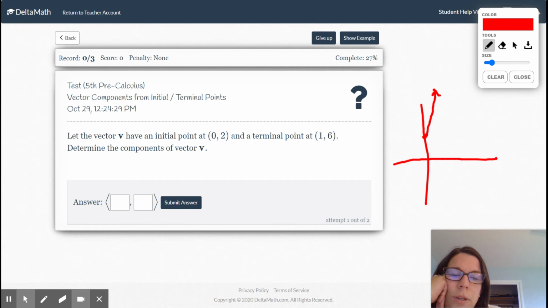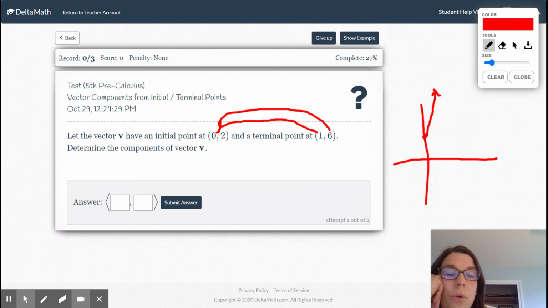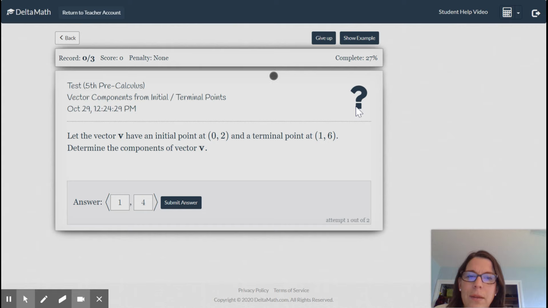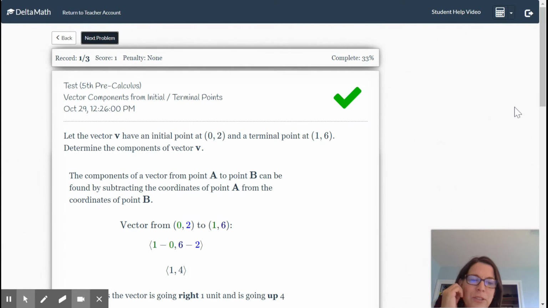And how far vertically? 4. Subtraction is one way to do it, and that reminds me of slope in middle school. You're subtracting your x's for the horizontal and your y's for the vertical. Let's see if we got it. Amazing. Look at how smart we all are.